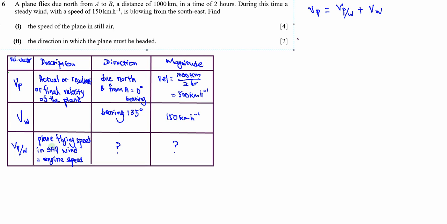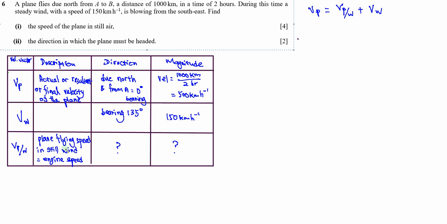Basically VPW is the speed when they take off from the airport, or we talk about a boat, when the boat takes off from the bank, that speed is VPW. Or VBW, that means the velocity of the boat relative to water.